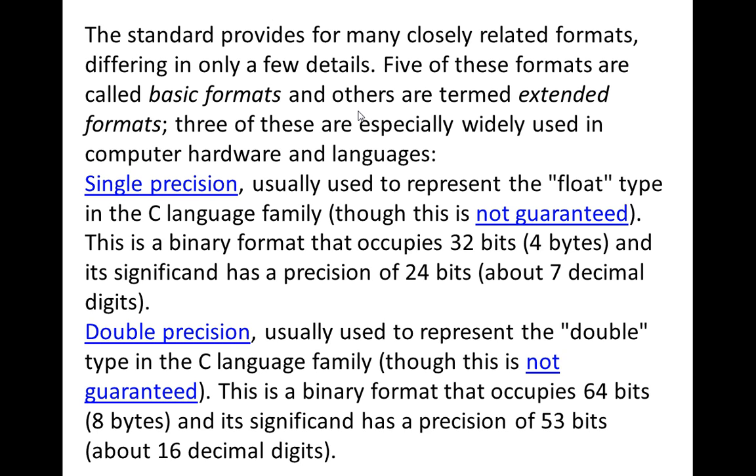Now, what are these types of formats? Meaning, what types of formats did IEEE develop? First one is single precision, usually used to represent the float type. As I told you, whenever we have to represent a decimal point in the basics of programming, we use the float data type, and that is known as single precision in the C language family, though this is not guaranteed.